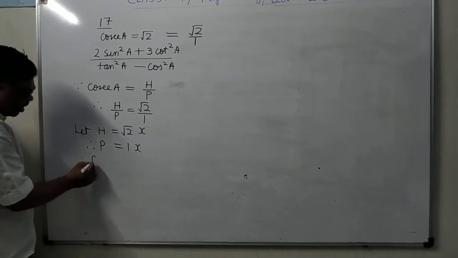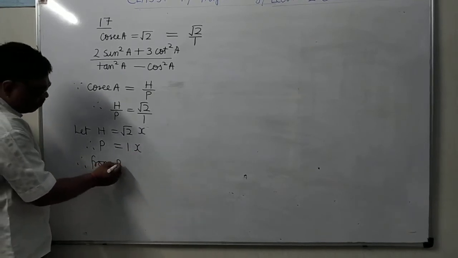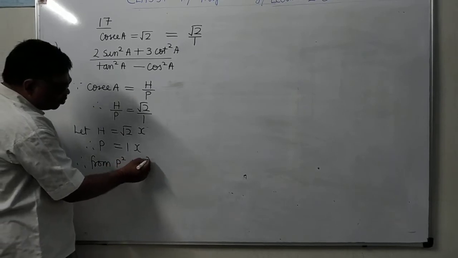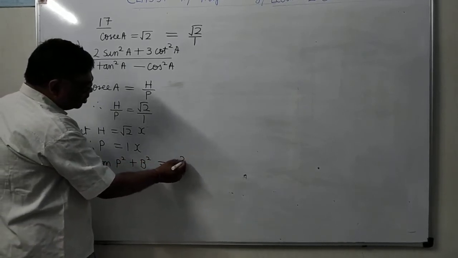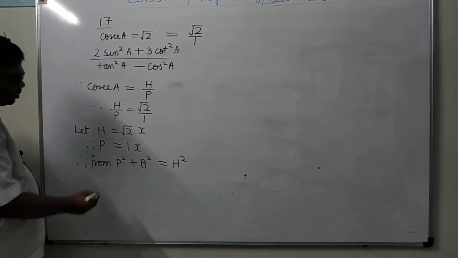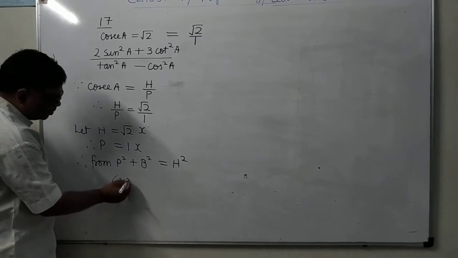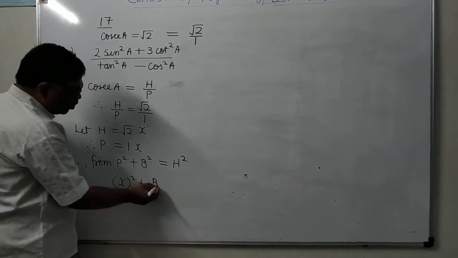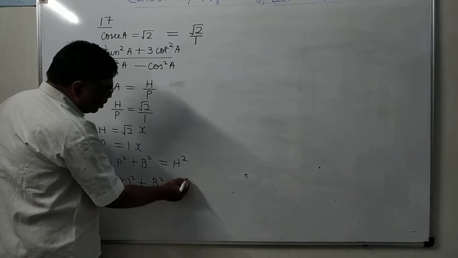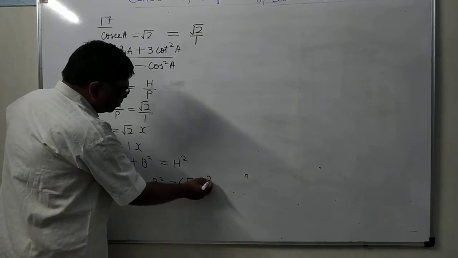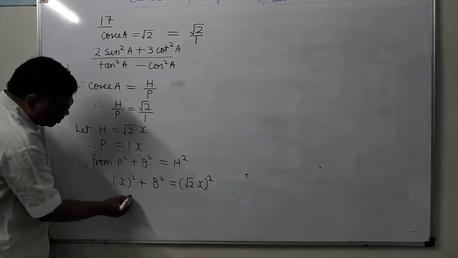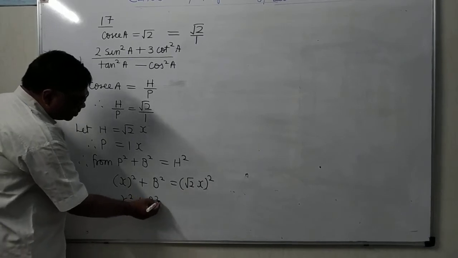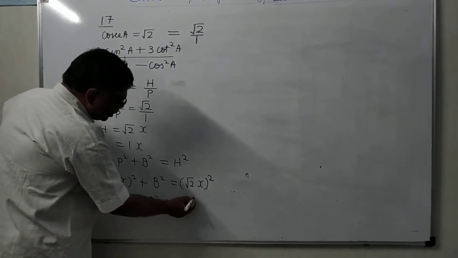Therefore from P square plus B square equals H square, you have to determine B square. So this is x square plus B square equals 2x square.